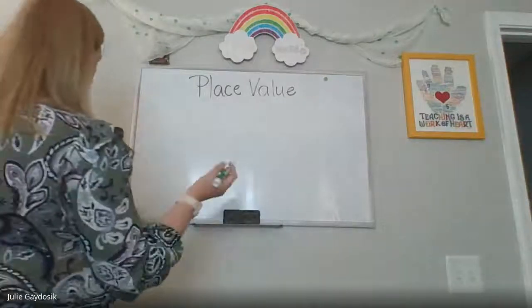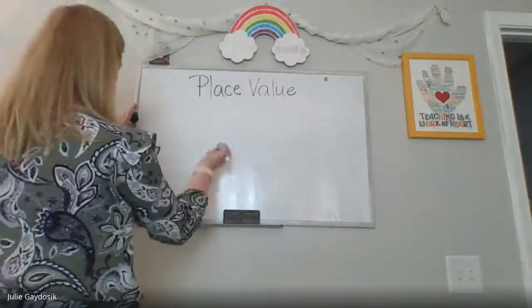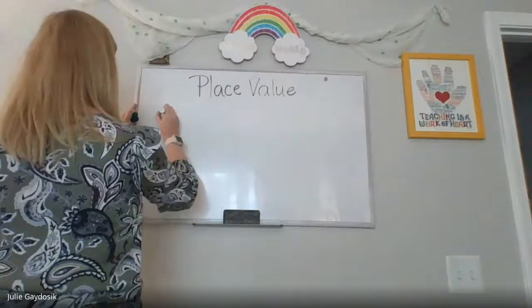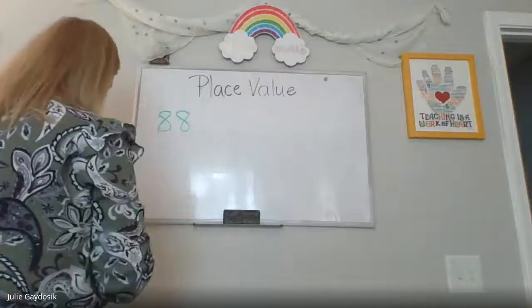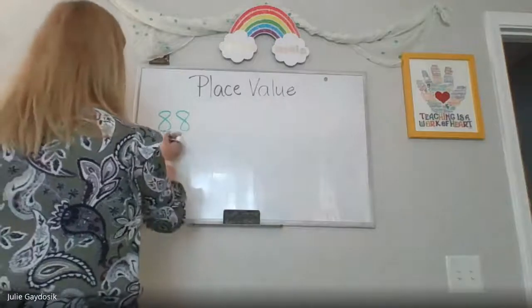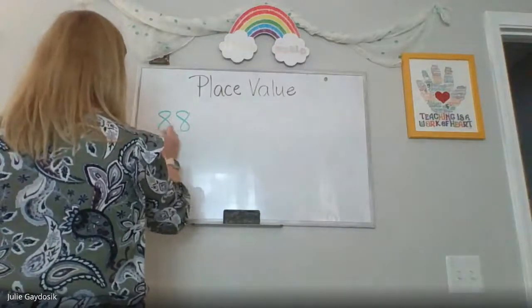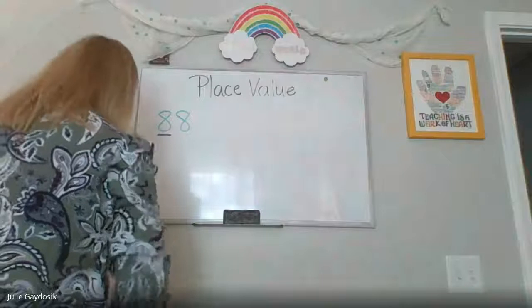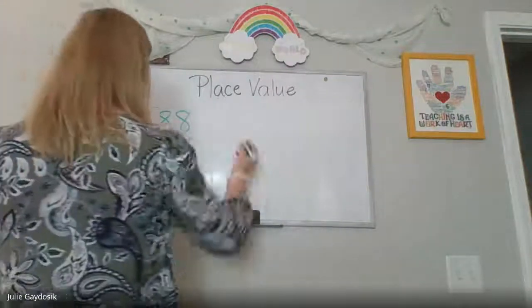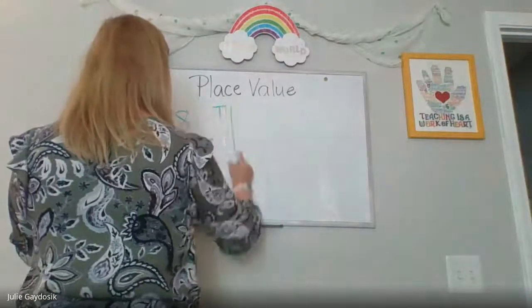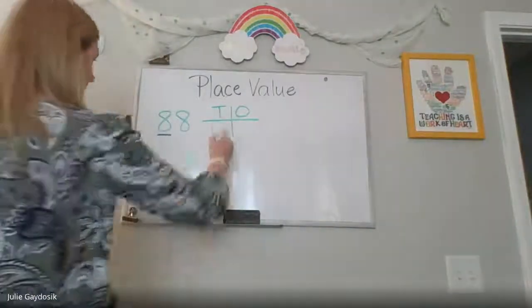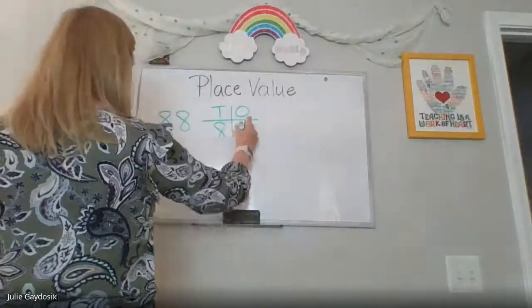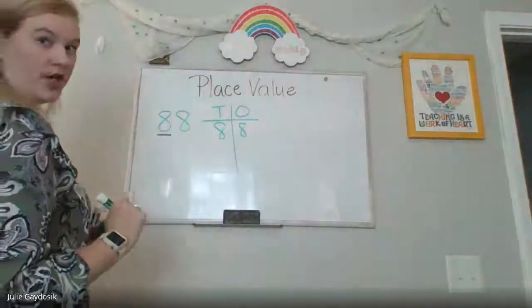So this last one, we're going to find the value of both digits. Our number is 88. We're going to find the value of this digit first, and then we'll find the value of that digit. Digit is a number. I'm going to draw or write 88 in my tens and ones chart.